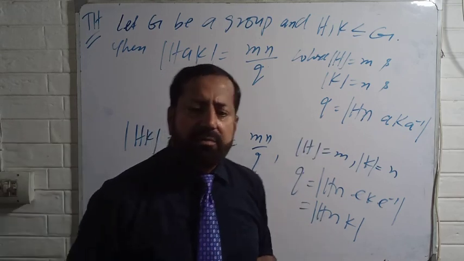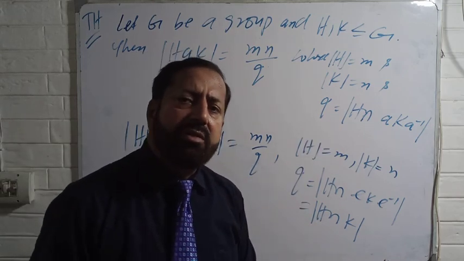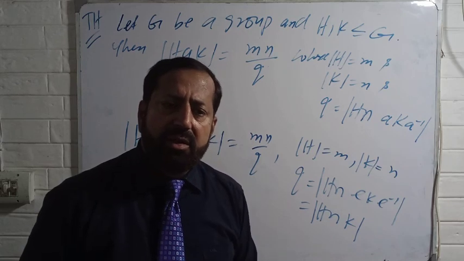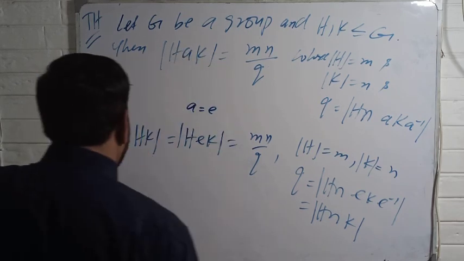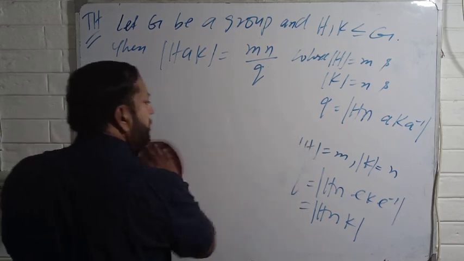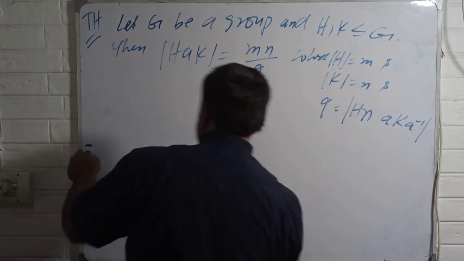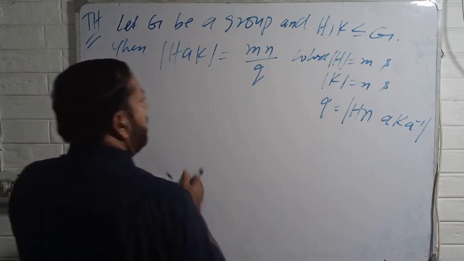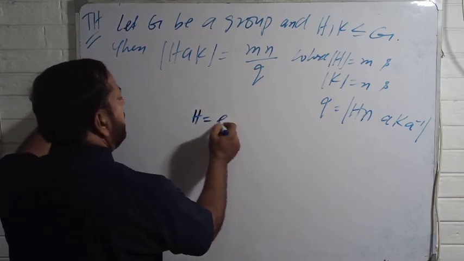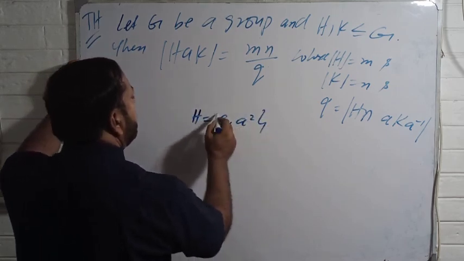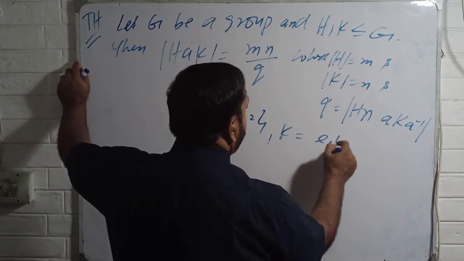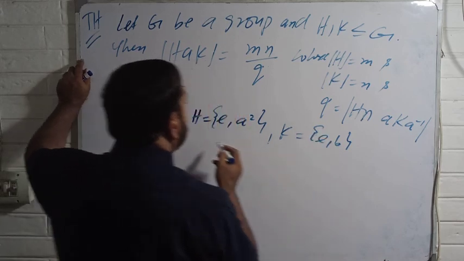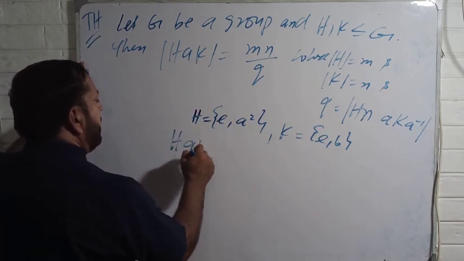Okay, let's work with the previous example as we have discussed and have evaluated some double cosets. Okay, we'll see the elements. You see H was your E, A square, and K was your E, B. So what was HAK?